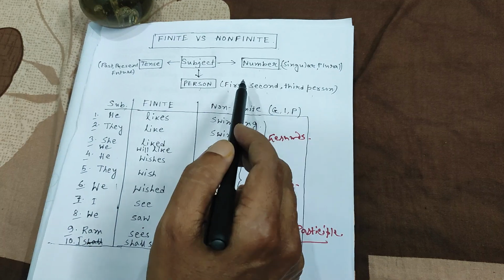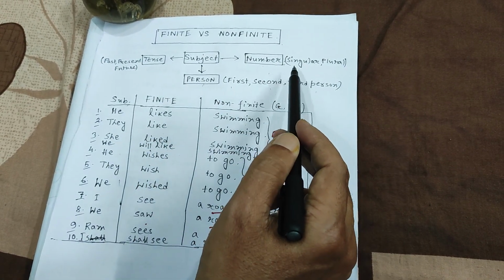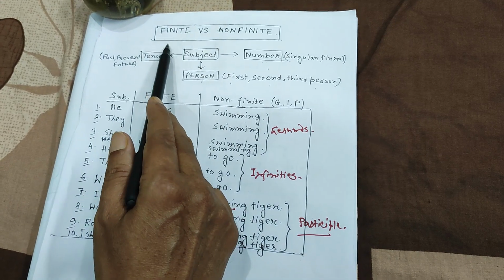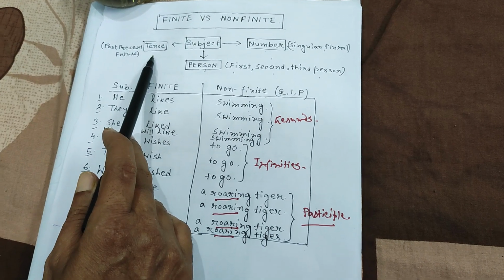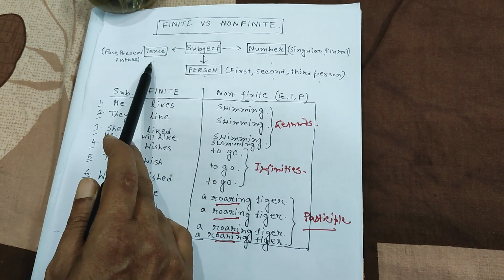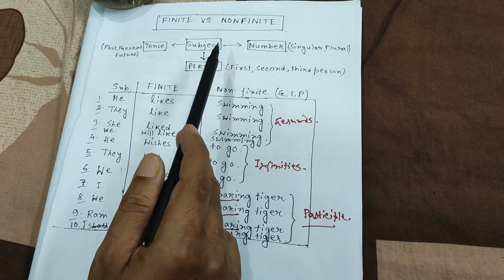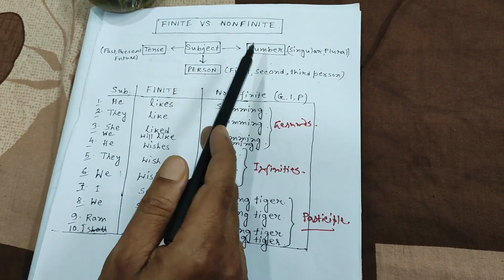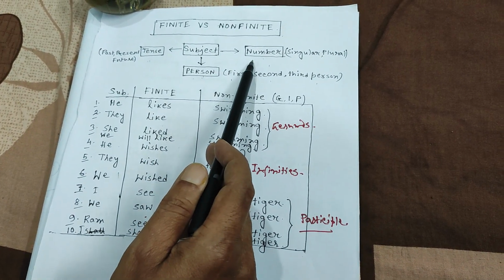So, depending on these parameters, the finite verb will change as per the tense of the verb, as per the person of the subject, and as per the number of the subject.